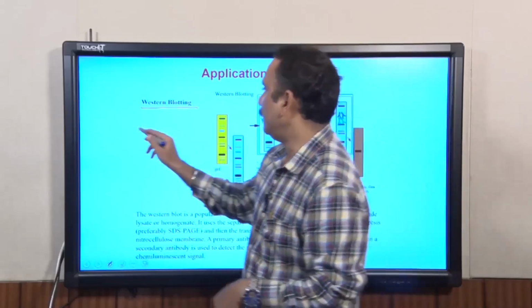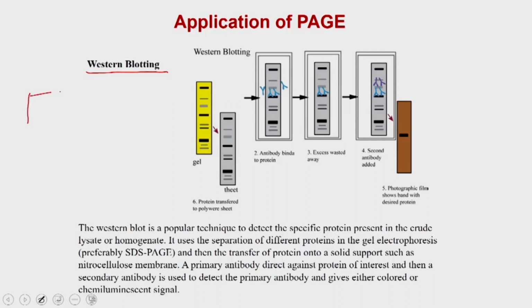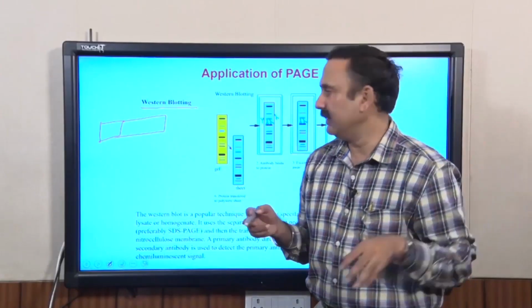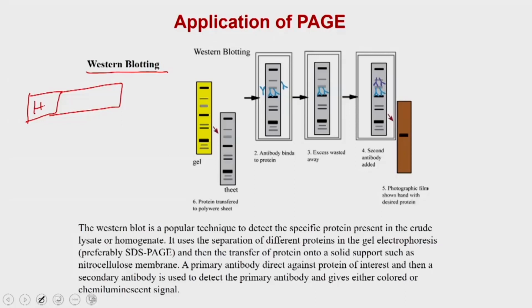In one way, you are producing a protein which contains a tag. If you remember, when we were discussing affinity chromatography, we put a tag, for example the His tag. So, we can use the antibodies for the tag, for example the anti-His antibodies.